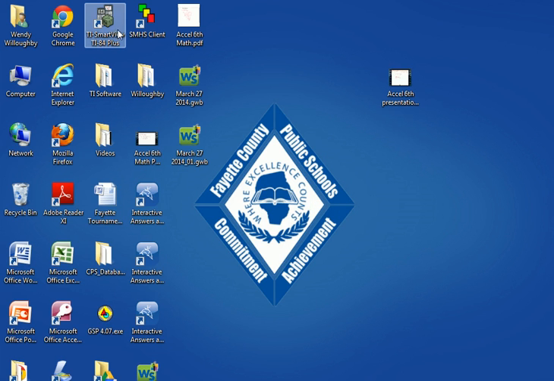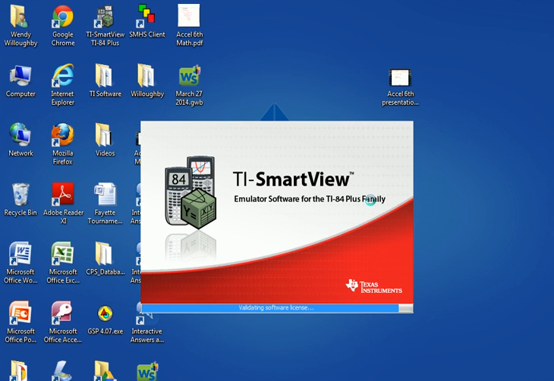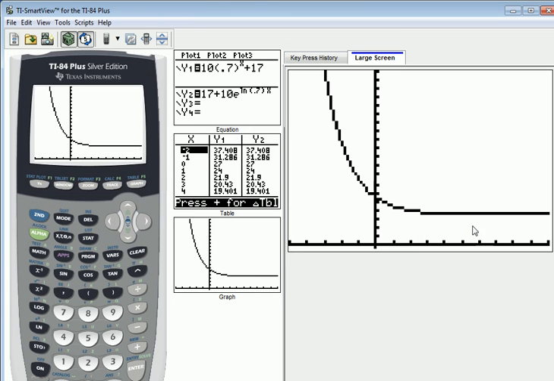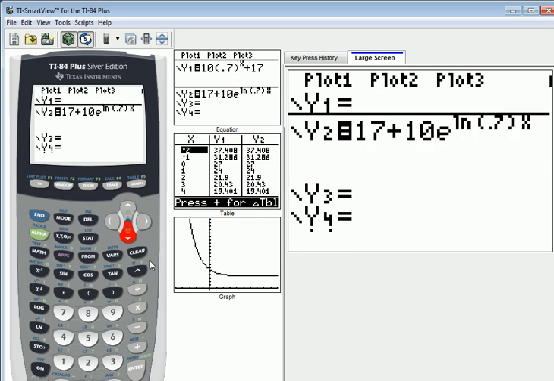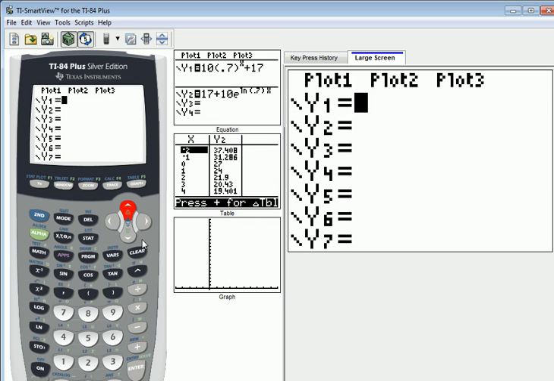All right, so where's my calculator? There it is. And here it comes. All right, so we're going to go in and go to y equals. And I'm going to clear out what I have there so that we don't have anything else.